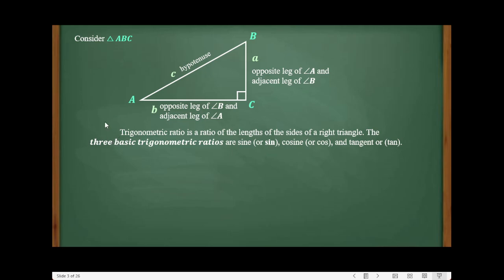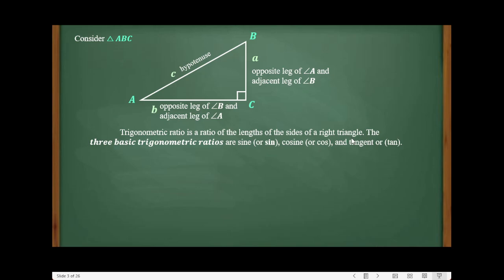In the study of trigonometry, out of these three sides of a right triangle, we can form a ratio. In how many ways? Actually, we can form 6 different ratios with respect to a certain acute angle. Let us read this statement: a trigonometric ratio is a ratio of the lengths of the sides of a right triangle.